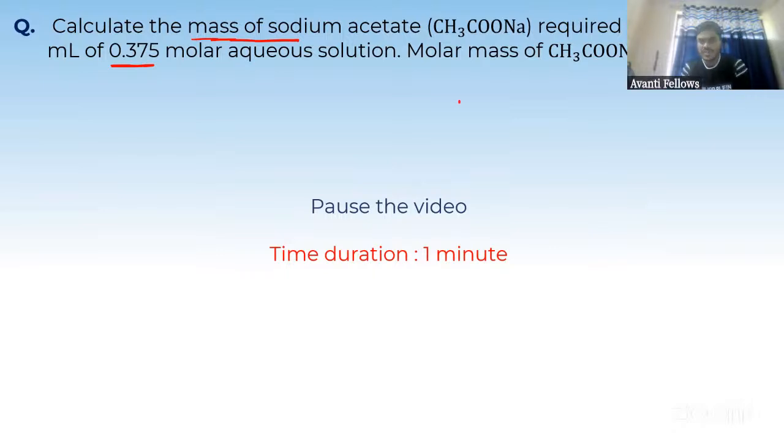You just need to calculate the mass of solute. Find out.